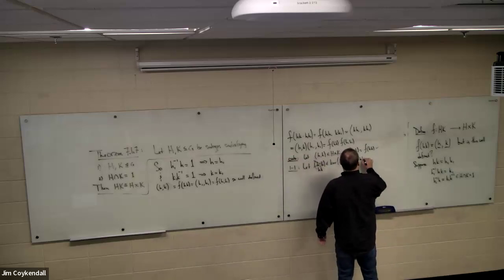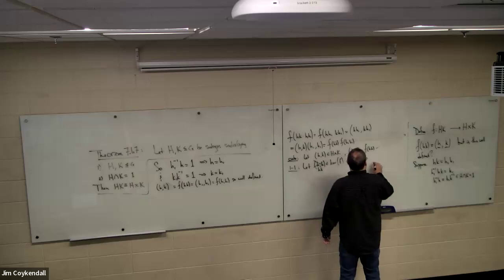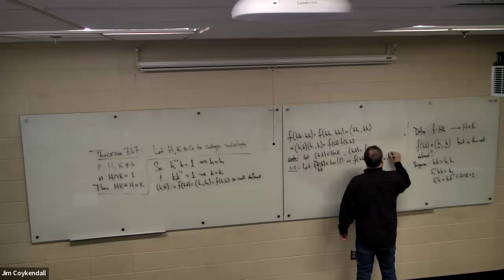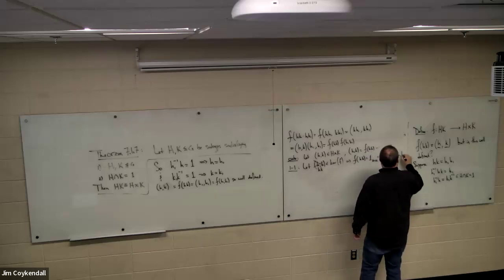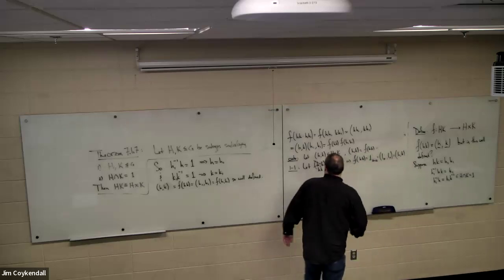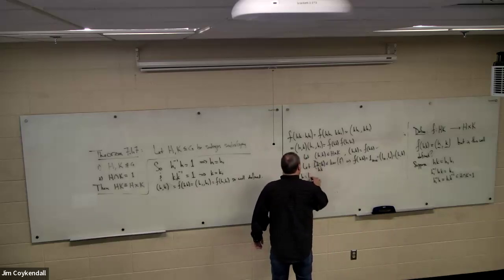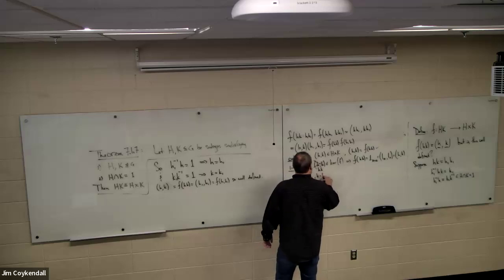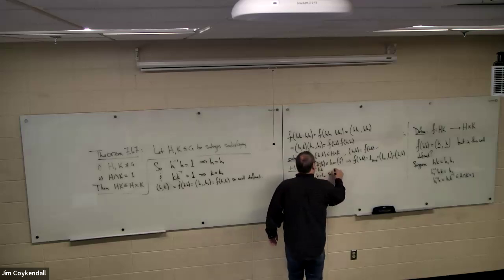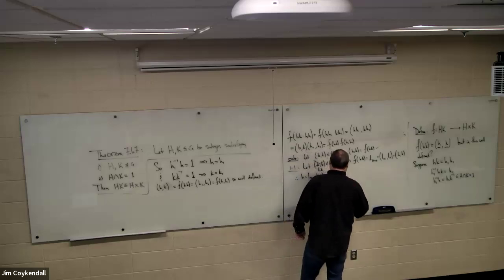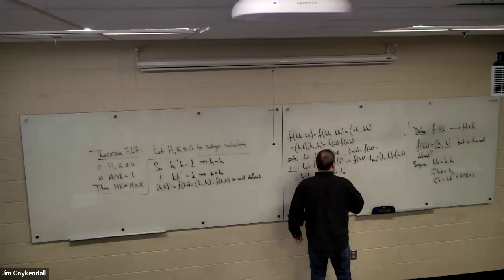This means that F of HK is the identity of the direct product, which is the identity of H, identity of K. Therefore, H equals the identity of H, K equals the identity of K. So HK is the identity of G, as a matter of fact.